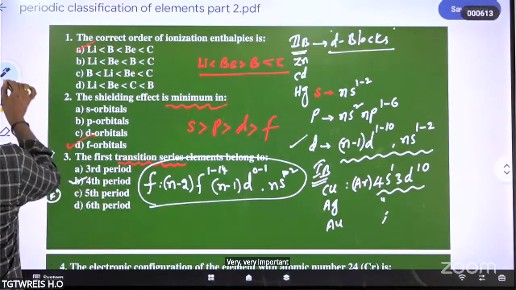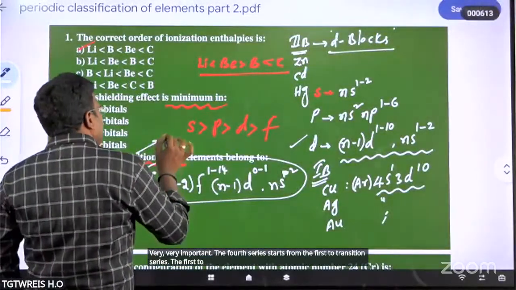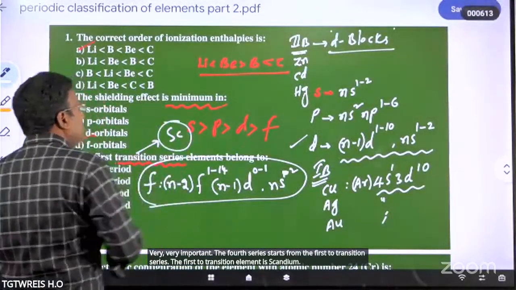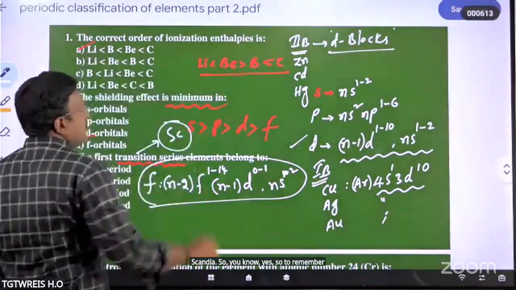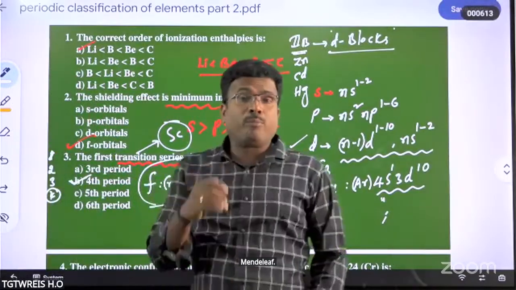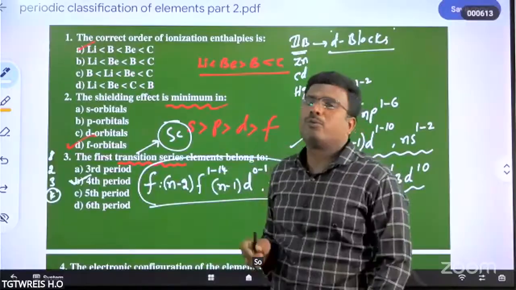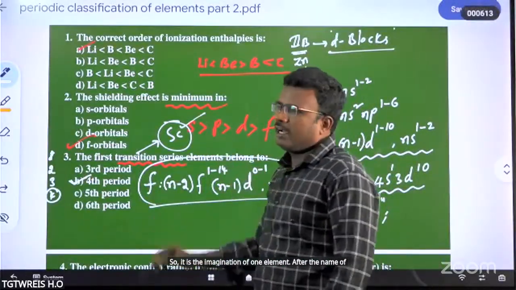The first transition element is scandium. To remember, the great scientist Mendeleev imagined one element, Eka boron, which is now called scandium.